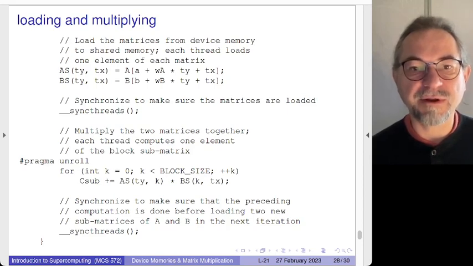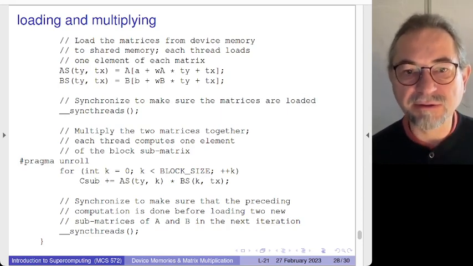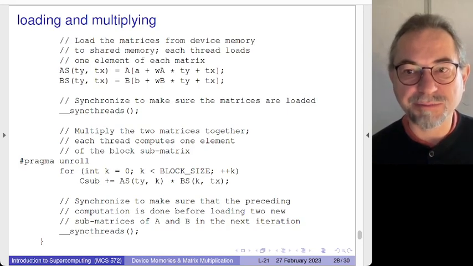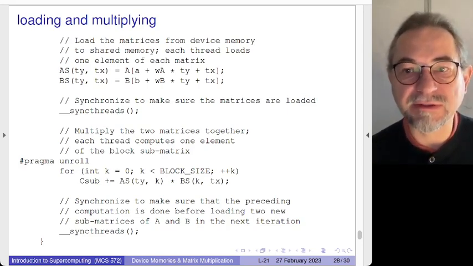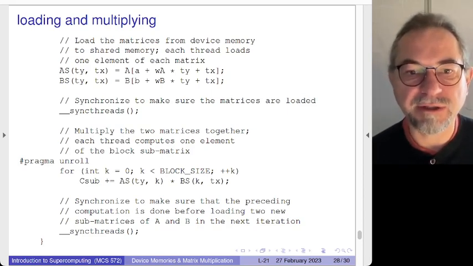So the synchronization means that all threads in the block, which are typically scheduled in multiples of 32, all have to wait. So this is this important synchronization directive that we are encountering here.